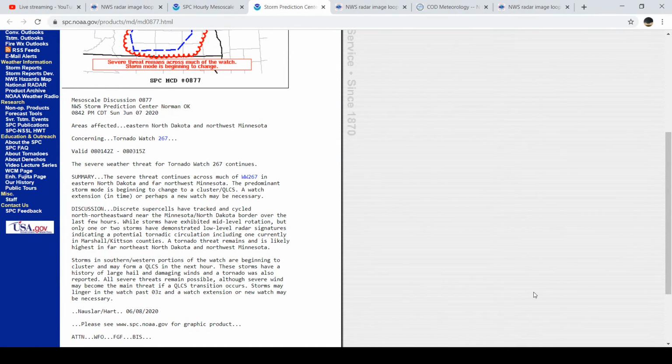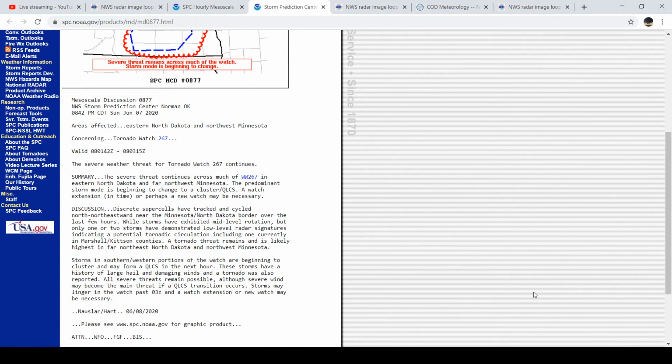Discrete supercells have been tracked northeastward near the Minnesota North Dakota border over the last few hours, while storms have exhibited mid-level rotation, but only one or two storms have demonstrated low-level radar signatures indicating a potential tornadic circulation, including one currently in Marshall, Kittson County. A tornado threat remains, likely highest in far northeast North Dakota and northwest Minnesota.